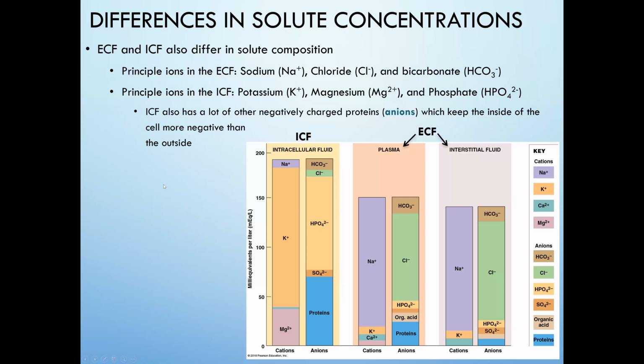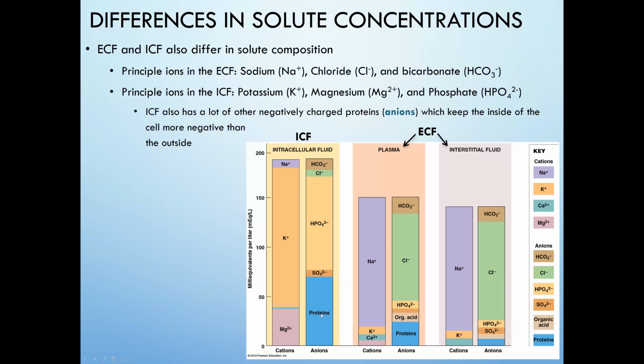The ICF also has a lot of negatively charged proteins, which are called anions. A cation is an ion with a positive charge, and an anion is an ion with a negative charge. And so all of these negatively charged proteins inside of our cells help keep the inside of the cell more negative than the outside. Again, that shouldn't be a surprise to you because we have covered that before.